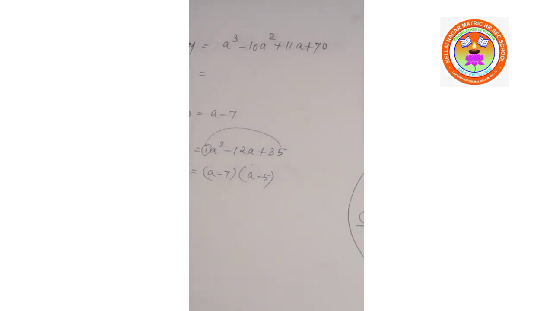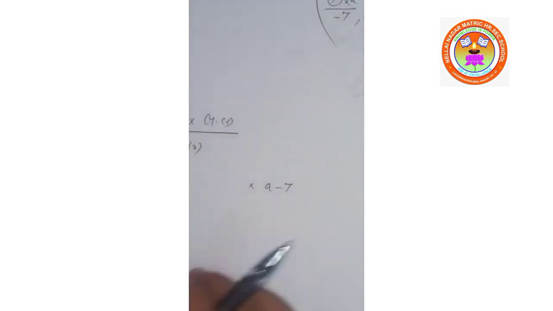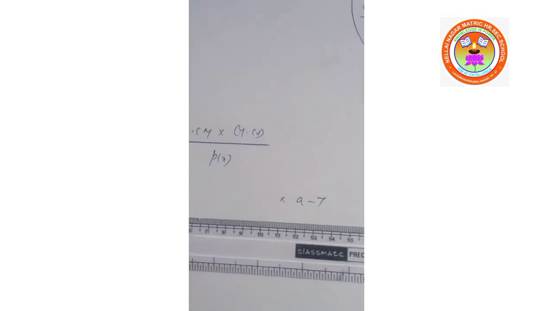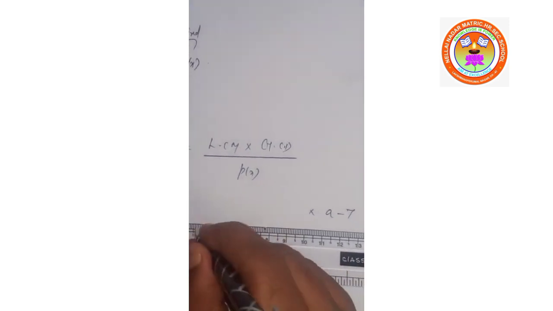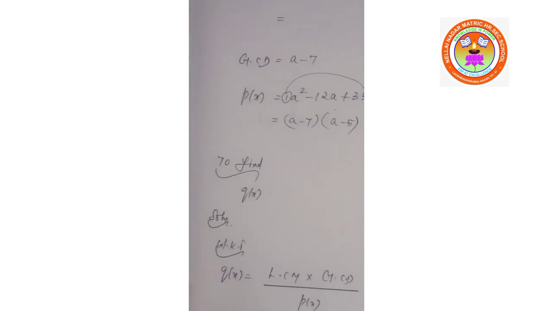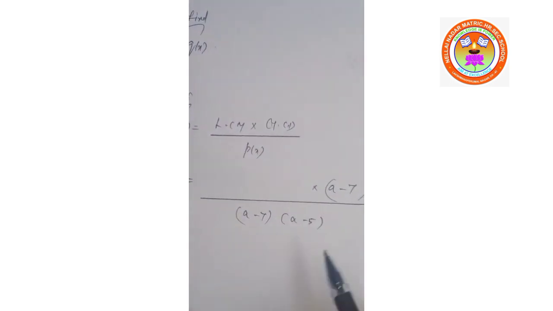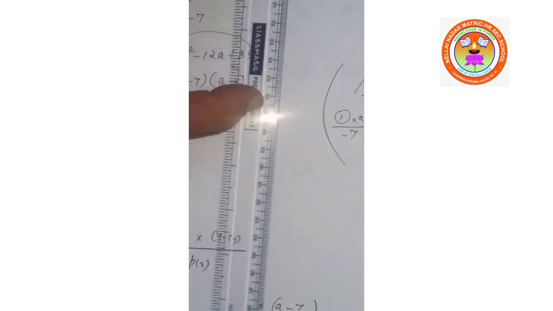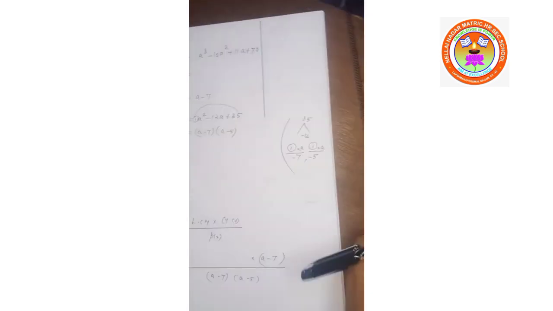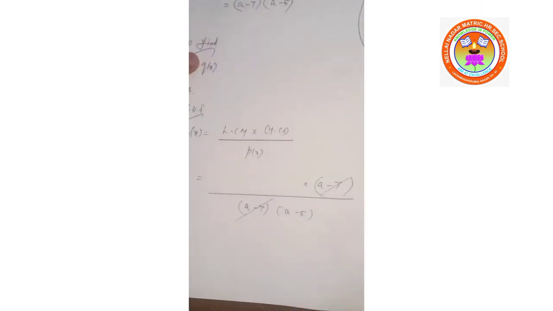Then GCD, here it is a minus 7, and p of x is (a minus 7) into (a minus 5). Now I do the calculation here. Listen carefully. How to factorize? These two a minus 7 get cancelled.